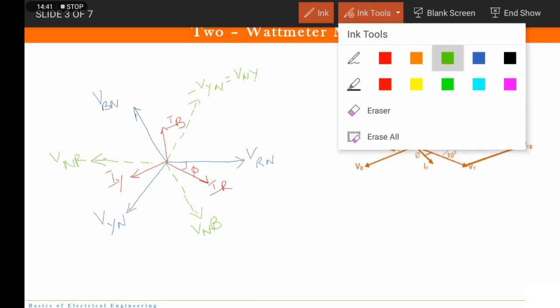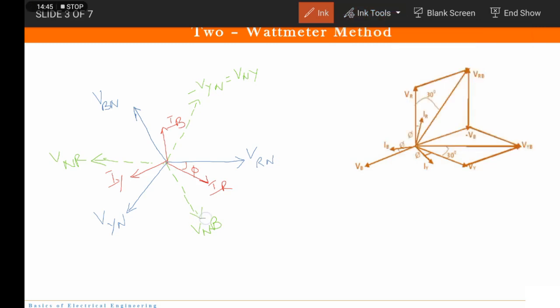Which color should I use? I will use black. Fine. So when I draw the parallel lines here, now this is the resultant voltage. Okay. Similarly here. So this is VRY. Okay.